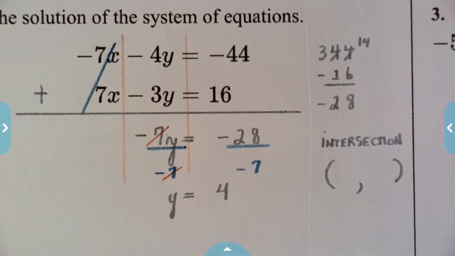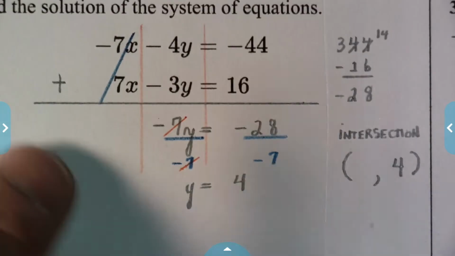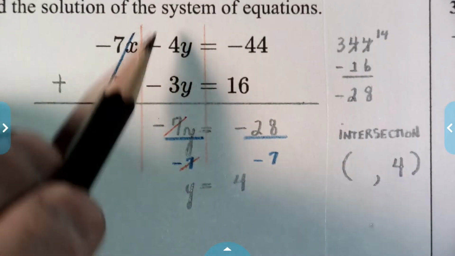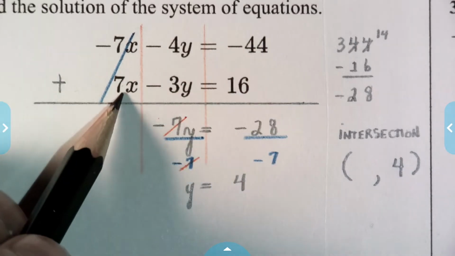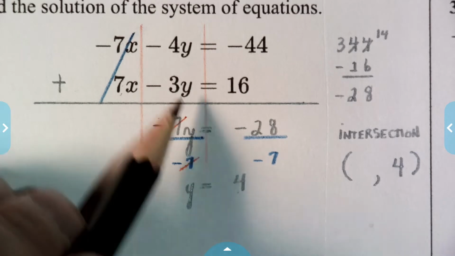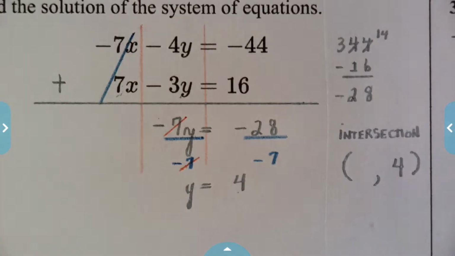I have the y value, 4. Now I need to know what x is when y is 4. I can take either of these 2 equations, the original ones, written in black, and just plug in 4 for y, and then find x. The bottom equation looks easier.